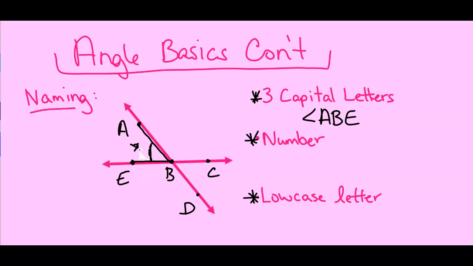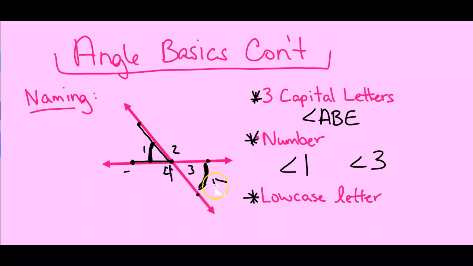Another way we can name angles is by using numbers. Using this same diagram, I can number the angles within it. So angle 1 is referring to this angle right here, whereas angle 3 refers to this angle opposite of it. And the final way in which we can name angles is by using lowercase letters in place of the numbers.